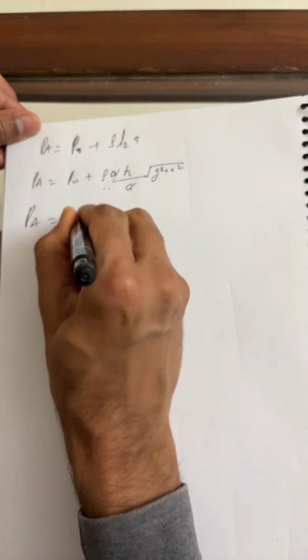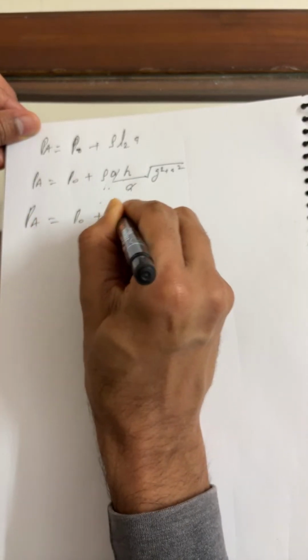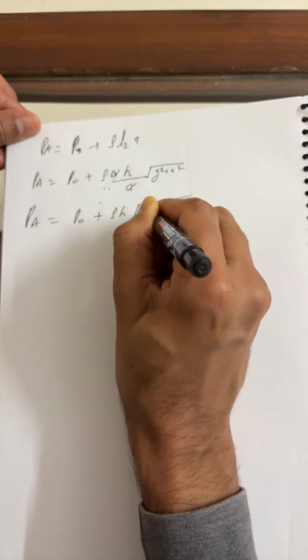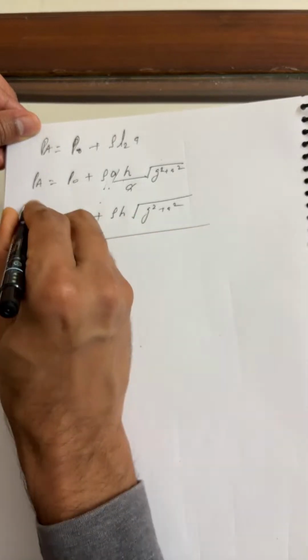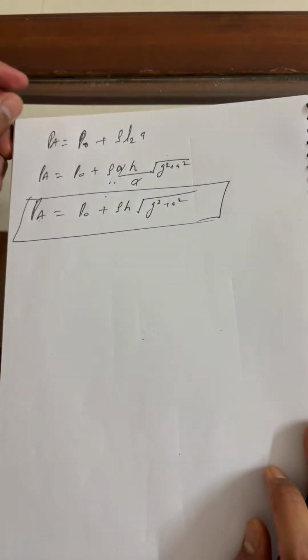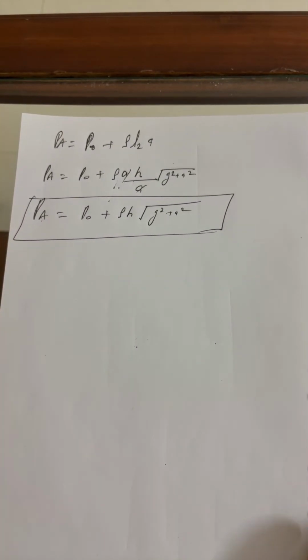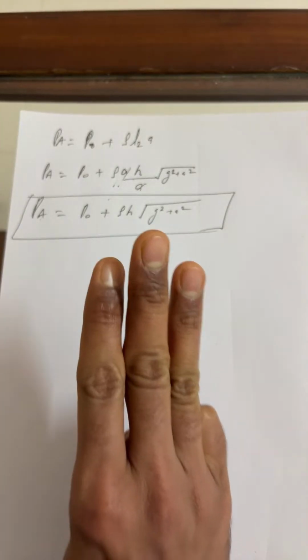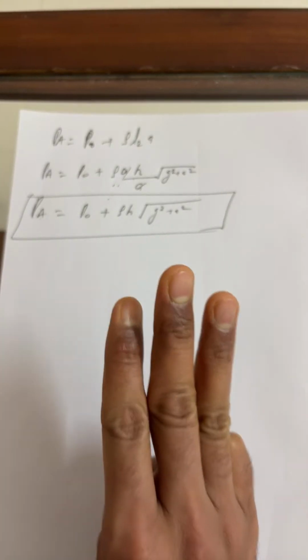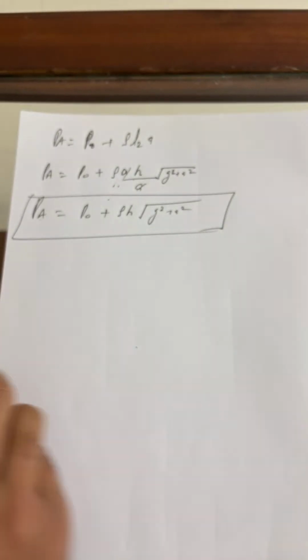How much? P naught plus rho h, what, student? g square plus a square. So student, keep in your mind, these all are highly important, my dear. These all students are literally highly important. Keep in your mind, I gave pressure at A. There are three formulas.